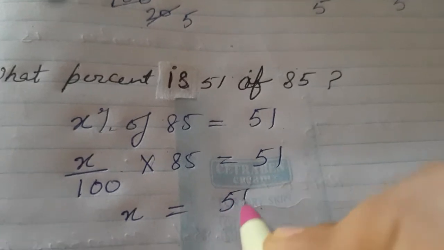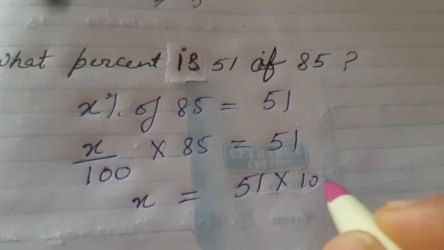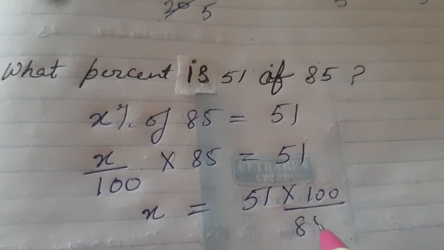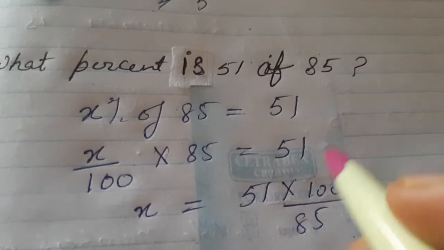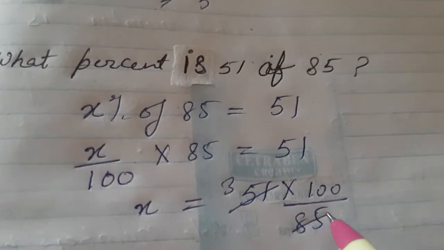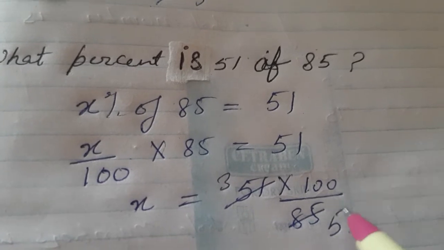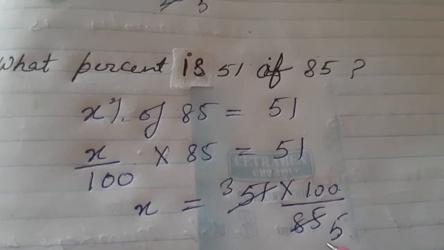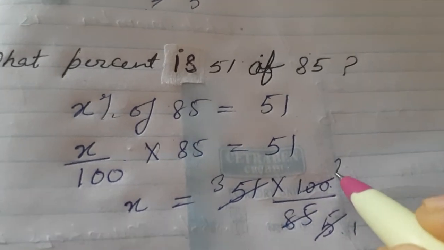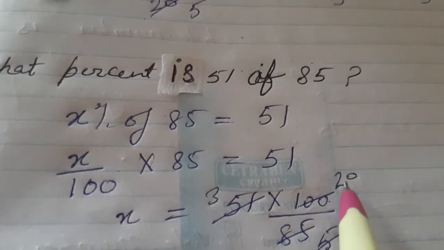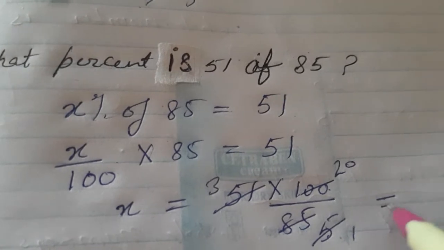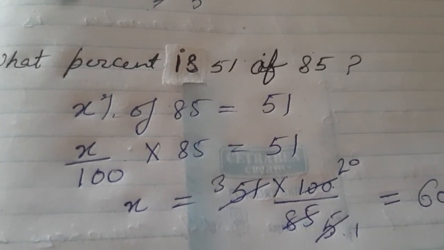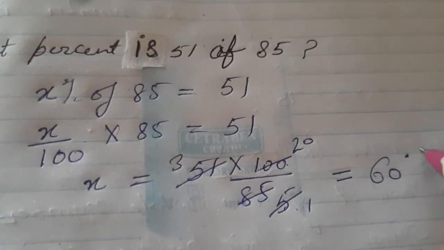X will come out to be 51 into 100 by 85. Now we will do the cancellation. 17 3s are 51, 17 5s are 85. Now we will do the cancellations of 100 and 5. 5 1s are 5, 5 20s are 100. Now we will multiply numerator with numerator. 20 3s are 60. So this is 60%.